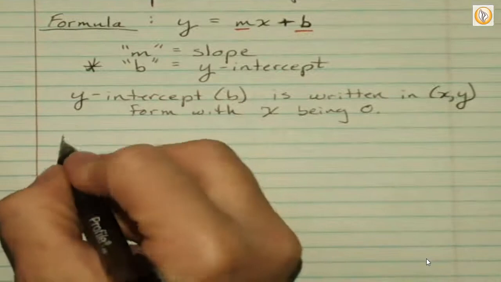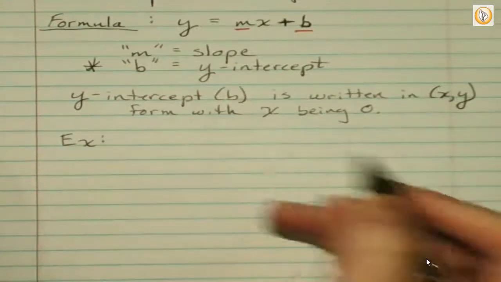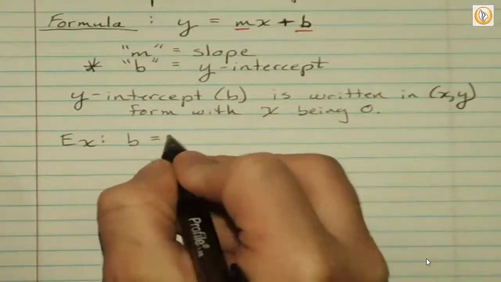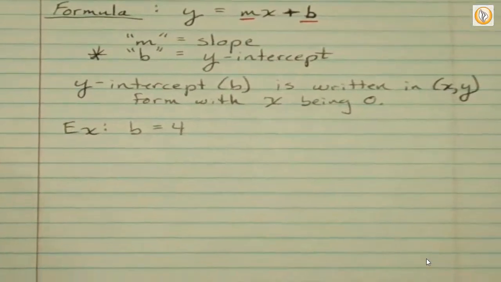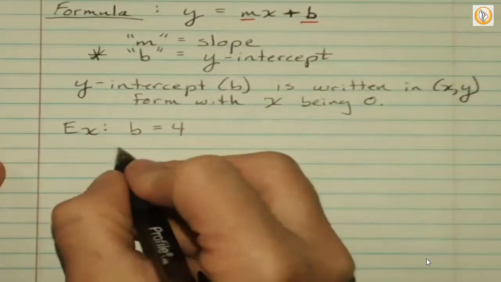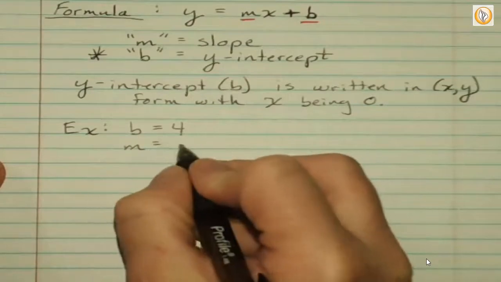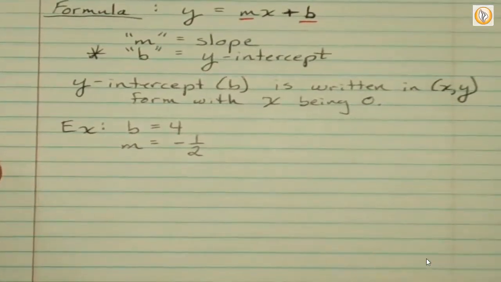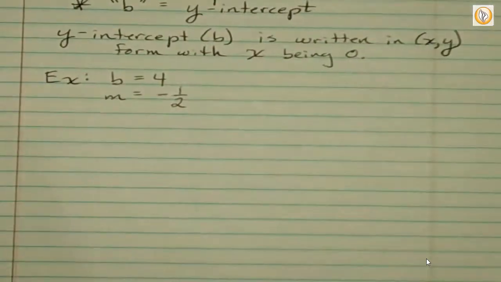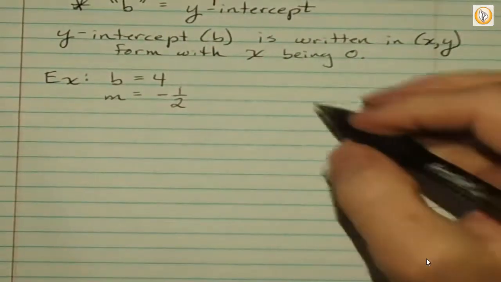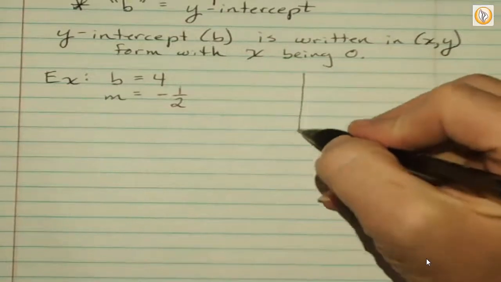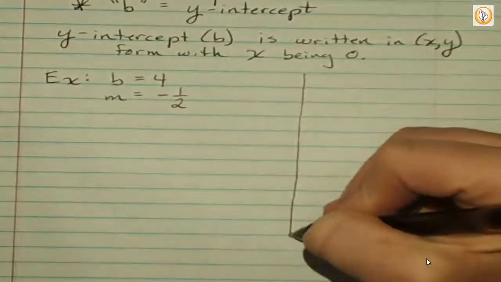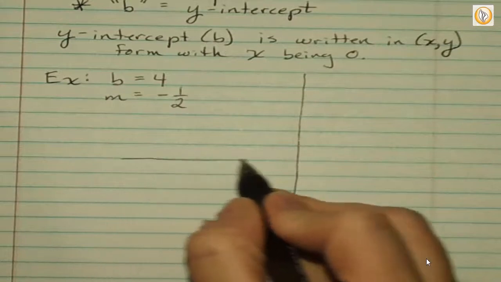For example, let's say b equals 4. Your y-intercept is 4. Your slope is -0.5. I'm going to graph it just using that information.